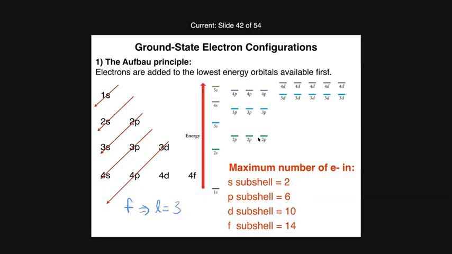So in this case, if you write the m sub L values, you are going to get -3, -2, -1, 0, 1, 2, and 3. If you count these off, you will see that there are 7 values. So that means you are going to end up with 7 orbitals, 1, 2, 3, 4, 5, 6, 7. If you fill 2 electrons for each of those, you are going to get a total of 14. That's where the 14 comes from.